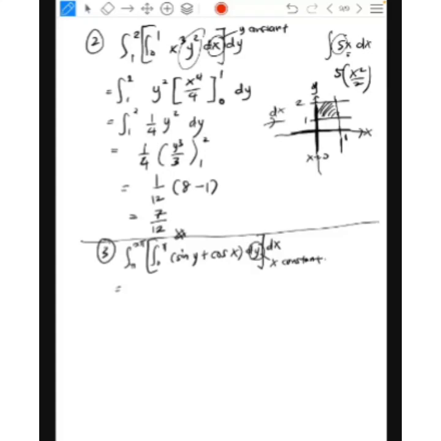So we'll have, integrate sine y will be negative cos y plus, this is constant. Okay, so integrate constant, you just multiply with y lah. Dx is still there. Just substitute the value of pi and 0.